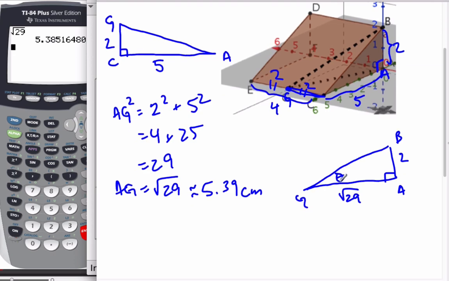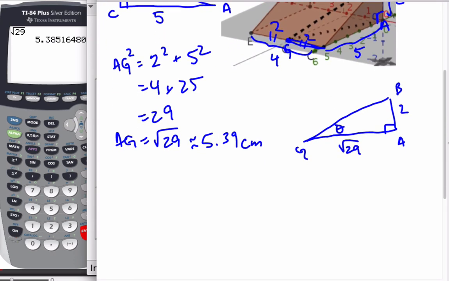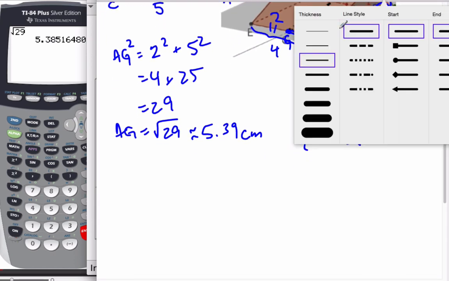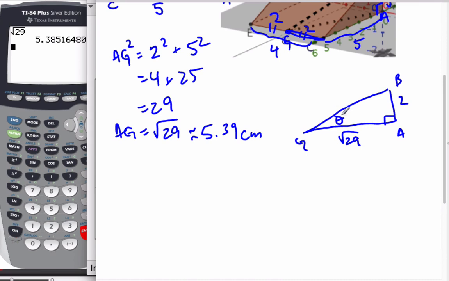So in order to find angle theta, I'll switch now to purple. I know this is my opposite and this is my adjacent. So again, I'm going to use tangent of theta, which is opposite over adjacent.